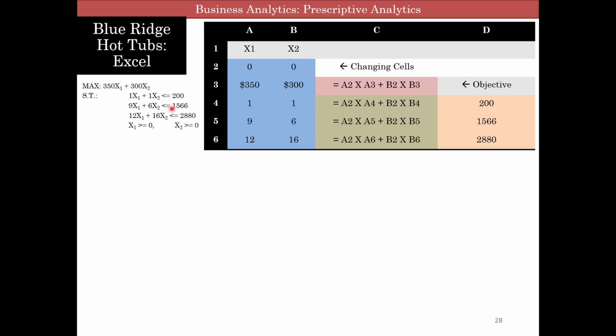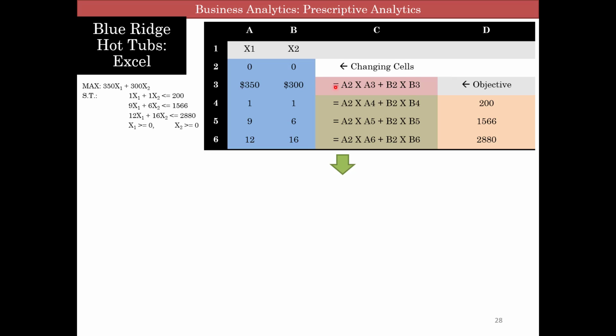Similarly, when we do 1x1 plus 1x2, that's this formula here. So C4 gives you the left-hand side of this constraint. Similarly, C5 gives you 9x1 plus 6x2. And the last one gives you this. Now, x1 and x2 greater than 0, I'll show you how to do that. There's a default setup in the solver, and you can do that automatically.